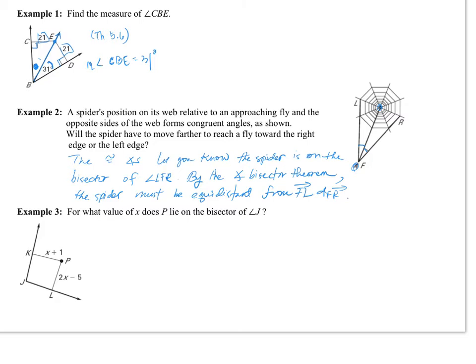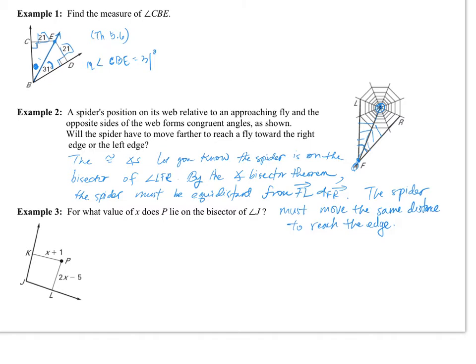The spider must move the same distance to reach the edge. So this spider has to move along this bisector equal distance to reach the fly.